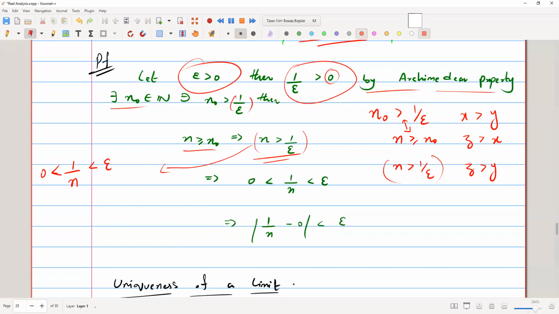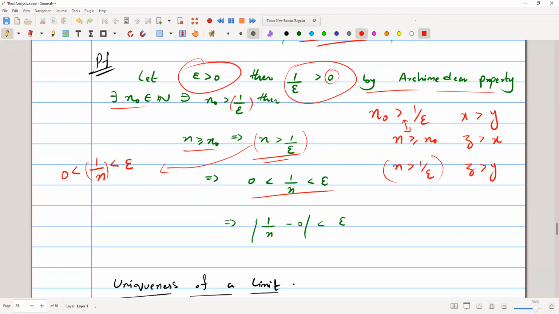I have already told you that. This is less than epsilon, but we know that it is always greater than 0. It cannot be negative, it's positive. So we write that 1 over n is between 0 and epsilon.